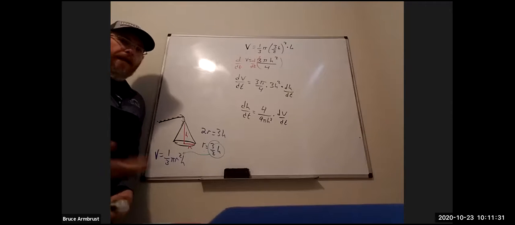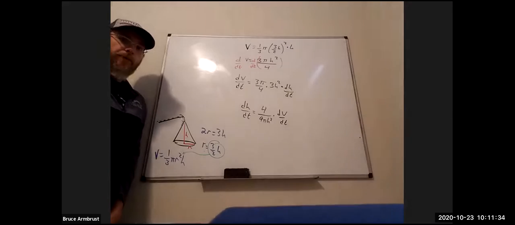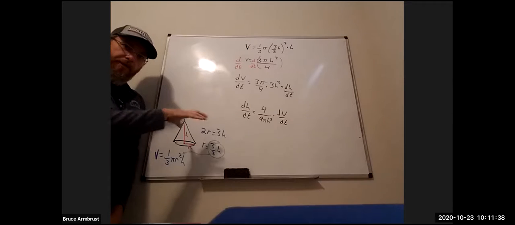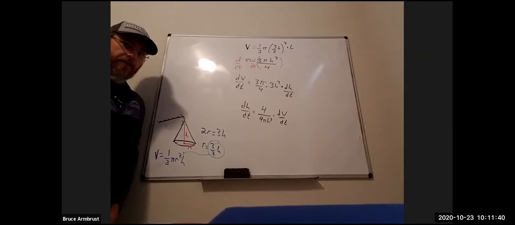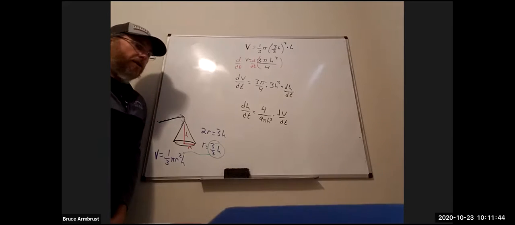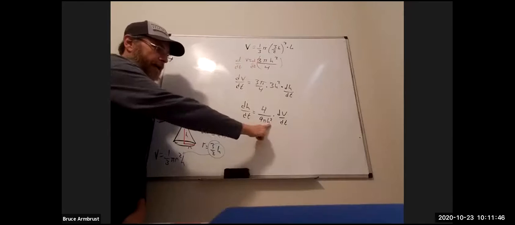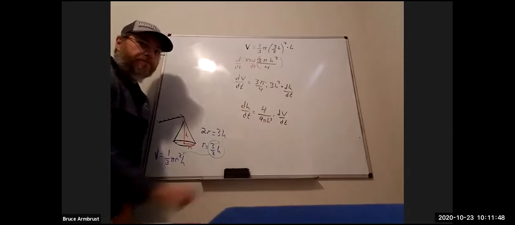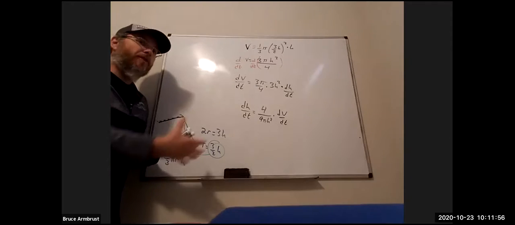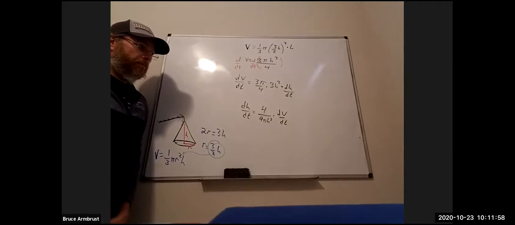And so if we want to figure out how the height is changing as we're dumping on sand, we need to know two things. One, we need to know how tall the pile is. The taller it is, the slower the height is going to change, because there's just more volume to fill up.